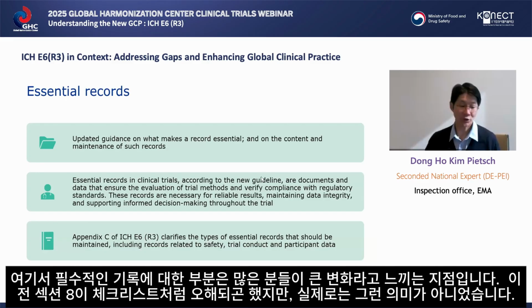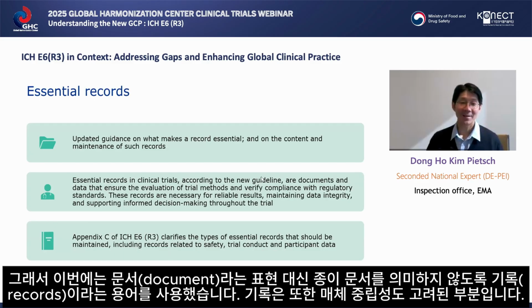Here, essential records, again, is what people perceive as a big major change, and there have been concerns raised that the previous Section 8 was used as a checklist, which is not what Section 8 was actually saying in reading, but it is what it is. Based on this, we updated the guidance. Also, we walked away from the word document as it implied an actual paper document.